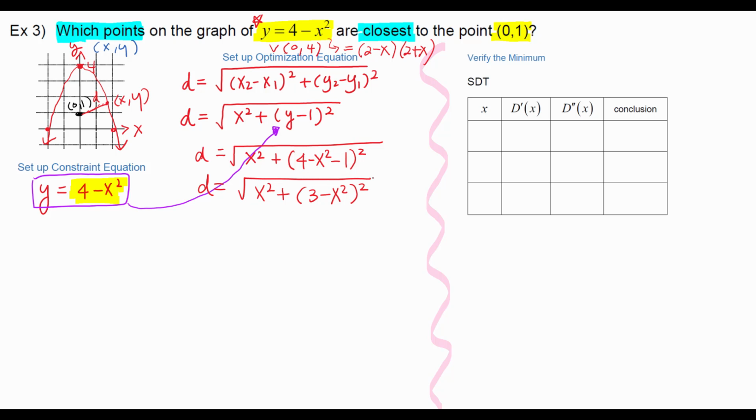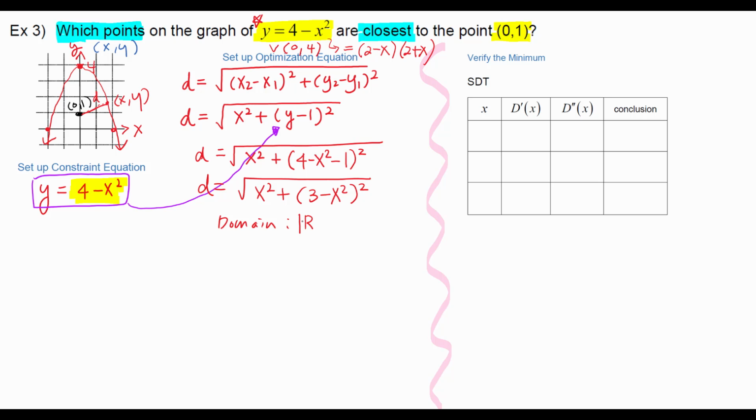Now I have to find the domain of this function, and note that because it's a square root function, my input has to be non-negative. But every x is squared, so no matter what x you plug in, it's going to turn into a non-negative. Therefore, the domain for this will be all real numbers.